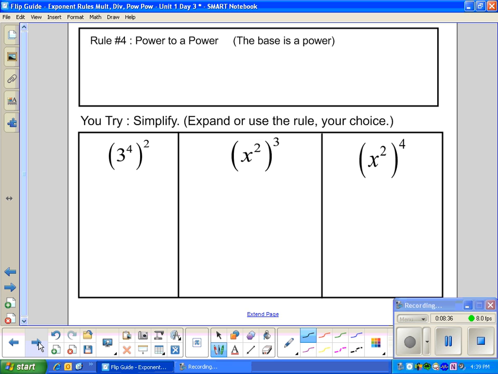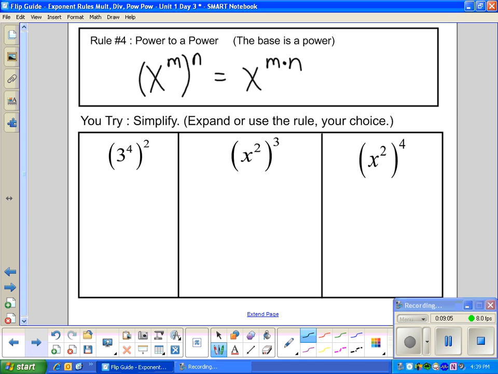Okay. So the new rule that we discovered is called a power to a power, and is written formally like this. If I have a base which is raised to a power, and I raise that whole thing to another power, the property tells me that my result is going to be x to the m times n.